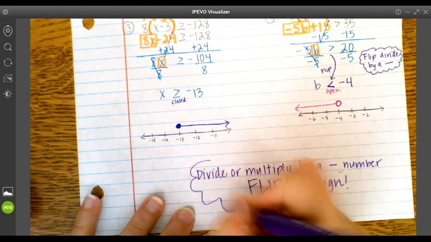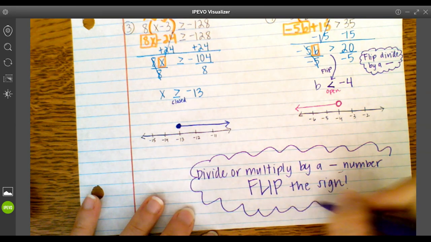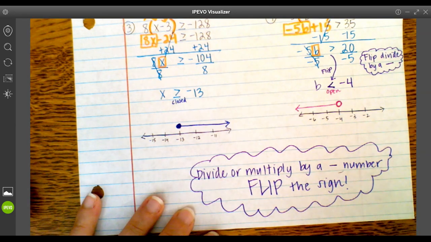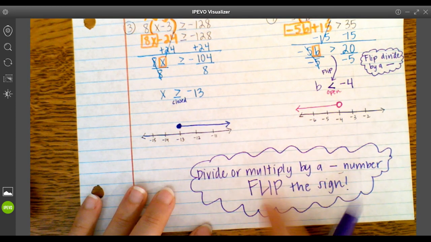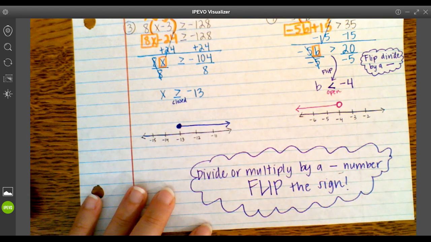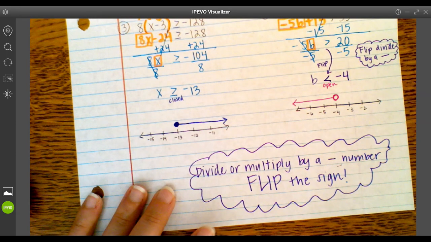So this is a huge idea. And yes, Miss Weldy is going to be testing to see if you know that about your inequalities. So it might not be a bad idea if we put this last piece on our checklist for solving inequalities. When you divide or multiply by a negative number, you flip the sign. That's a huge idea. All right, now it's time to practice.